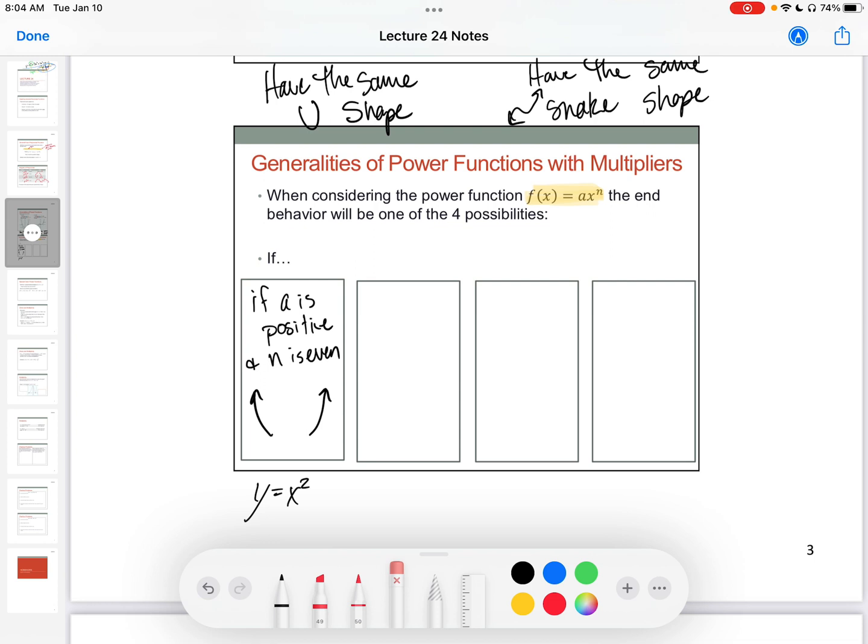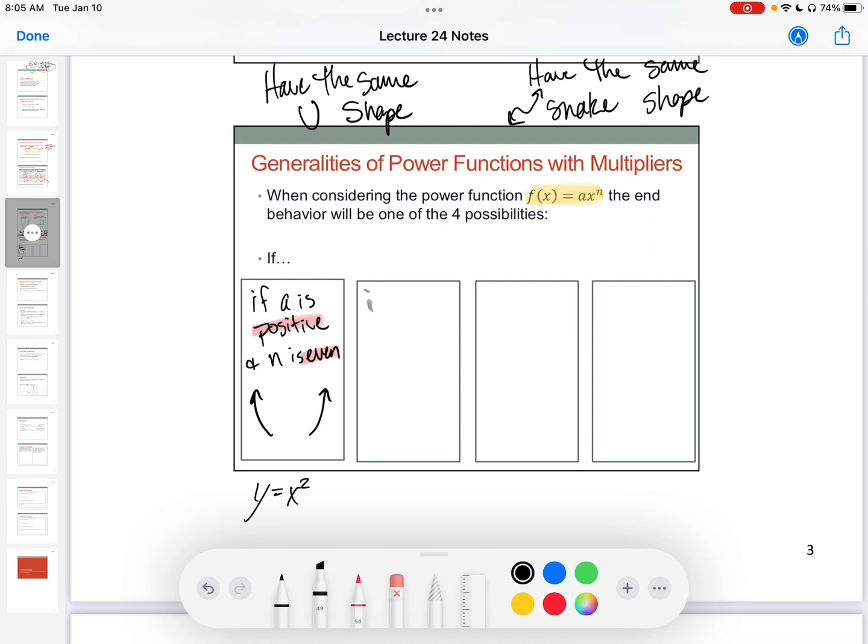So again, if a is positive and n is even, that's the general function's shape. Okay?